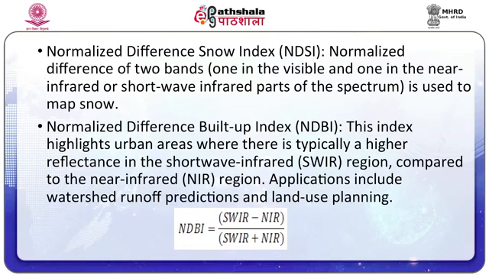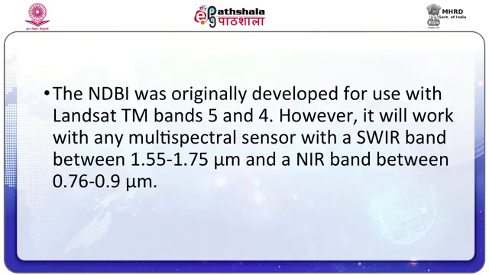Applications include watershed runoff prediction and land use planning. The NDBI was originally developed for use with Landsat TM band 5 and 4. However, it will work with any multispectral sensor with a SWIR band between 1.55 to 1.75 micrometer and an NIR band between 0.76 to 0.9 micrometer.